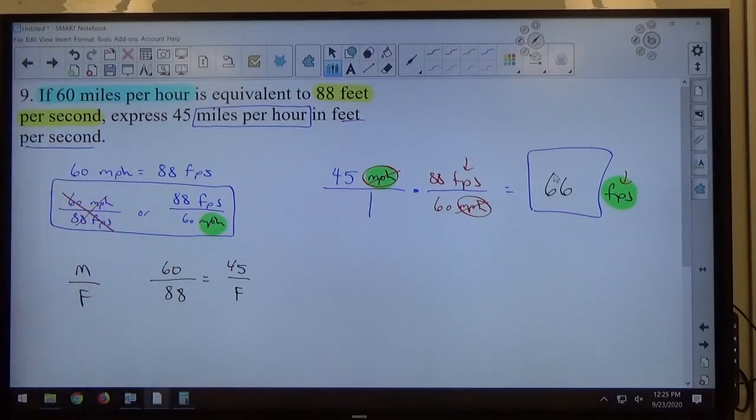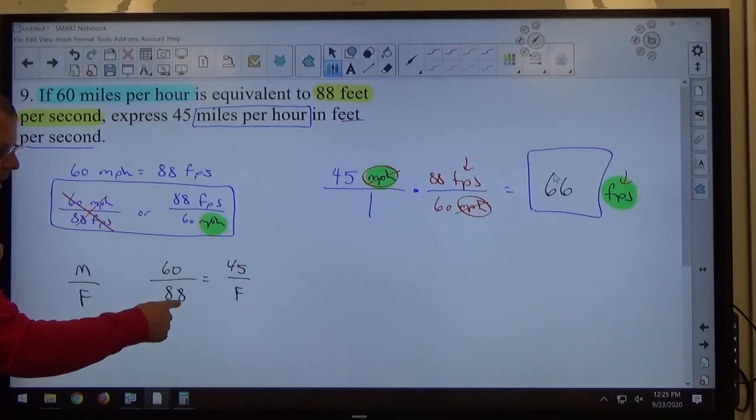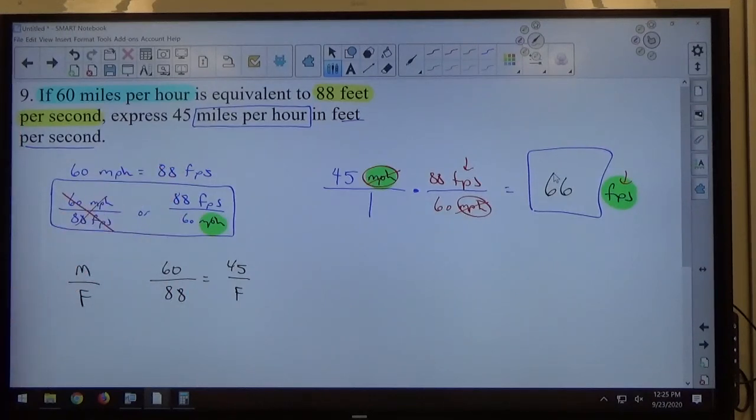That works also. Cross multiply, you're still doing 45 times 88 divided by 60. You're getting the same math in it, but it's just a different way to set it up. So if you prefer a proportional way, that's how you do it proportionally. Right, depending on how you set it up, again, do what you need to do.